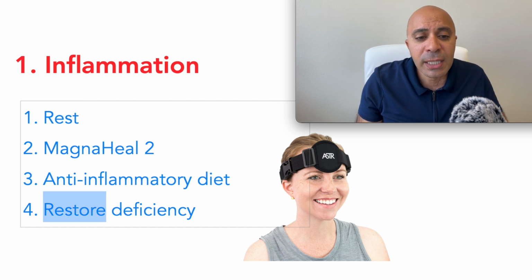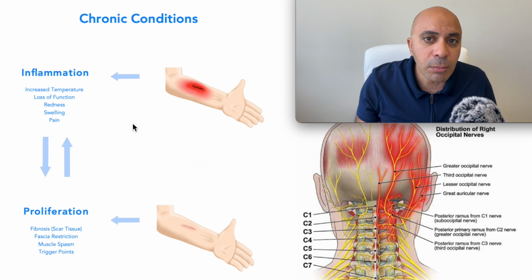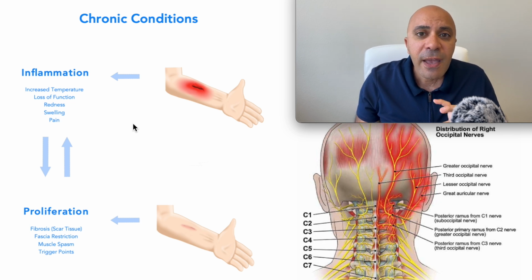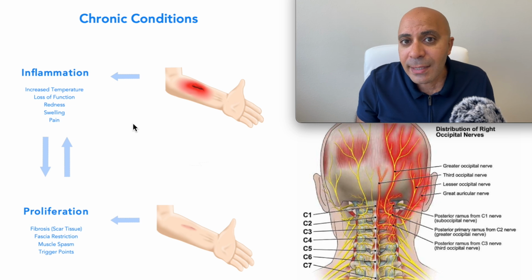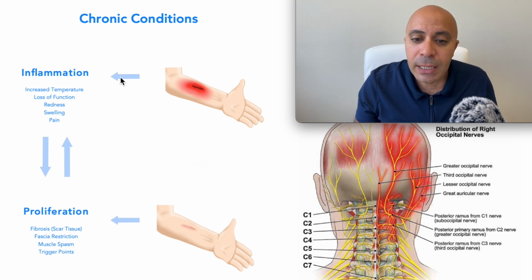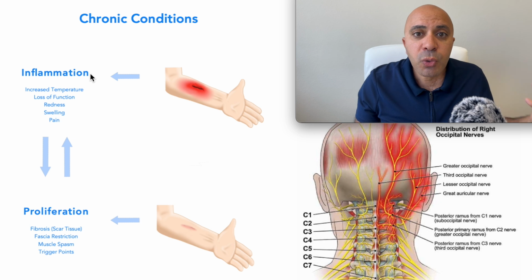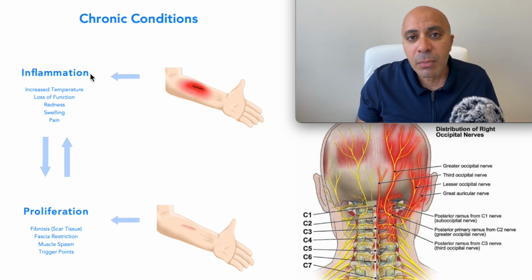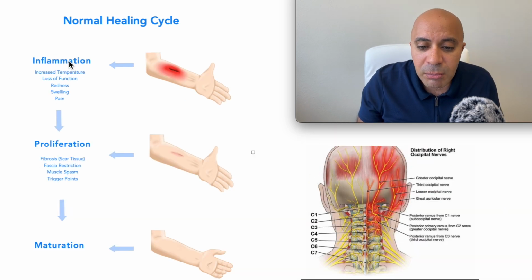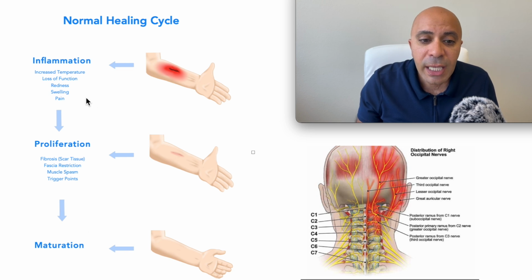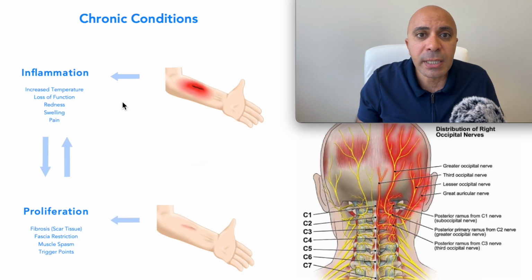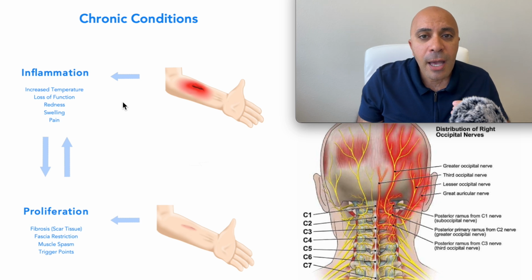And for the patient that has chronic occipital neuralgia, that might have severe deficiency in vitamins and minerals, we have to address that. We have to do a lab to figure out which vitamins and minerals are actually slowing the healing cycle, because we need a lot of vitamins and minerals for the body to go from inflammation to proliferation to maturation. And this has to be properly evaluated through nutrition evaluation.